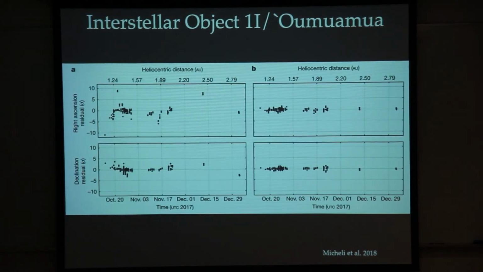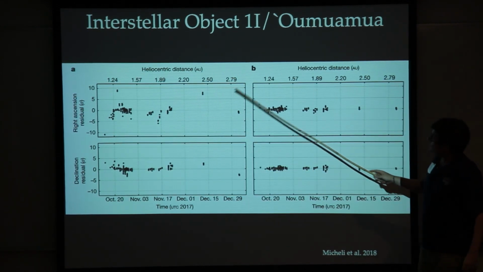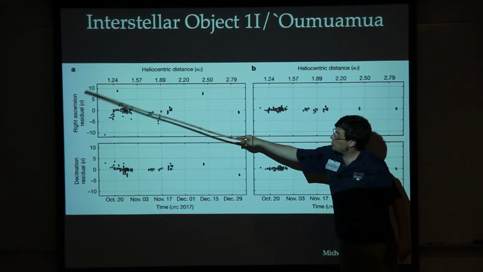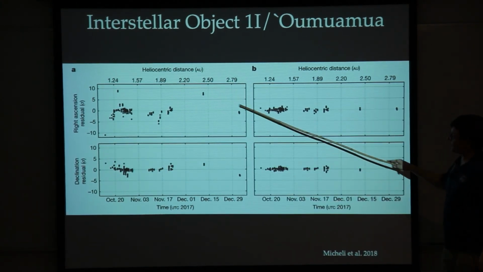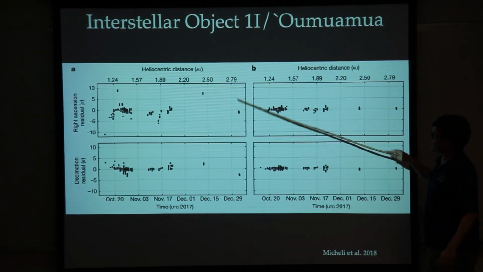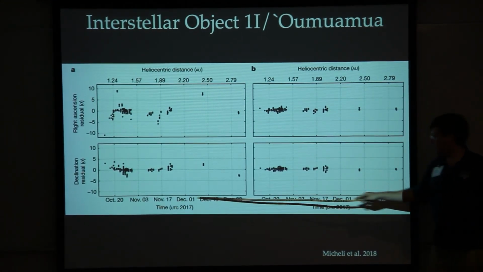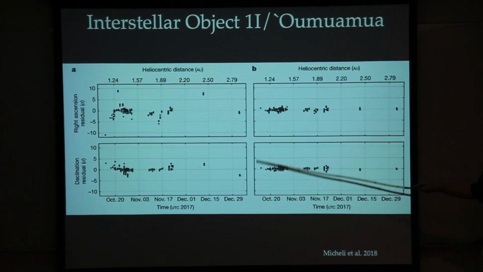And we saw Yarkovsky drift. So this, you can see here, this is the residuals in right ascension and declination for an orbit that doesn't include Yarkovsky. And these points here were the initial measurements, but it's these two out here that were about a month after discovery that are of most interest.